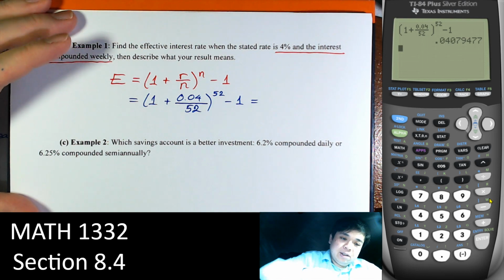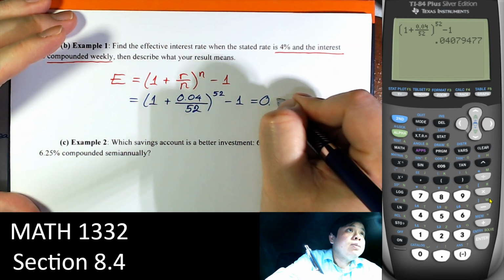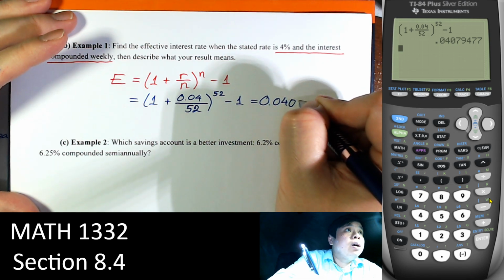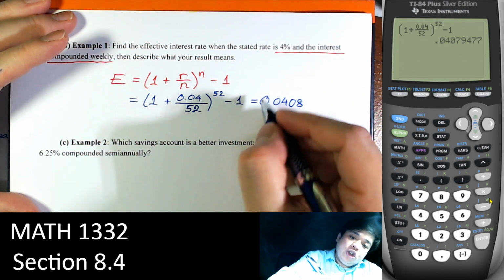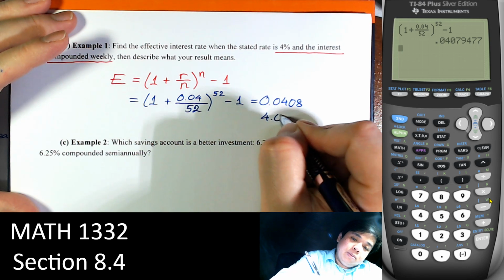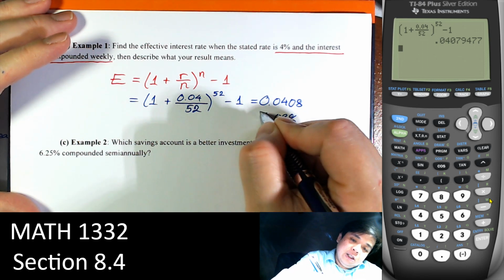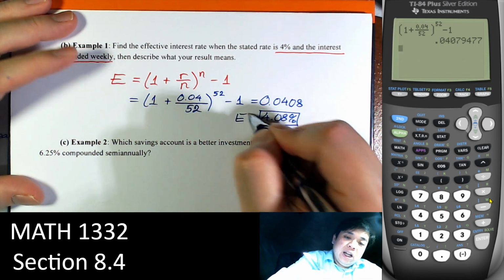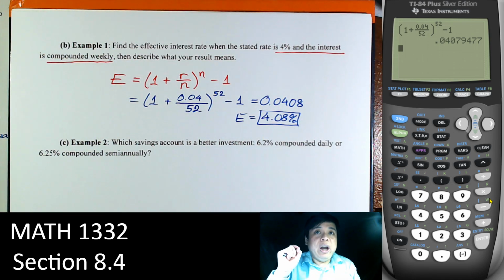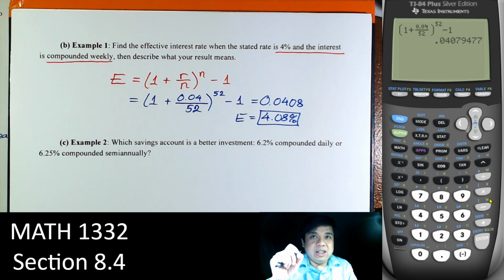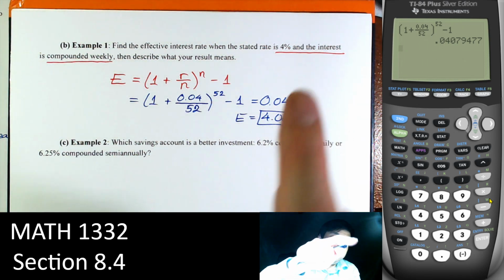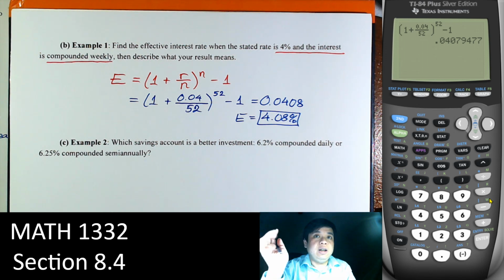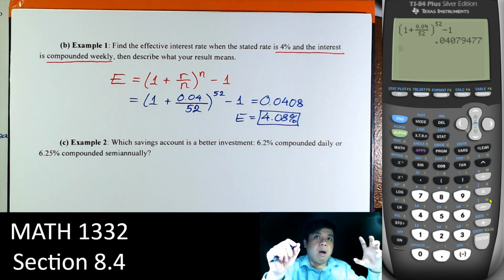We have that. If we change to percent, that is 4.08%. So that is the effective rate. That means a simple interest at 4.08% is the same thing as 4% interest compounded weekly. So we find the equivalent simple interest for the compound interest over 1 year.